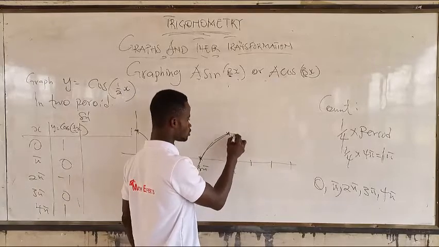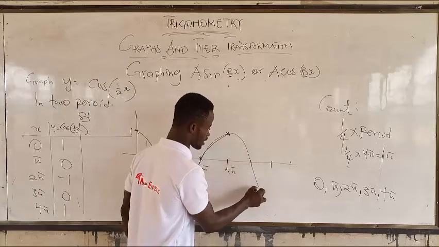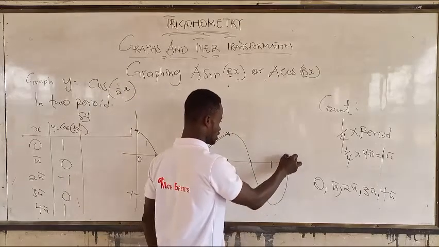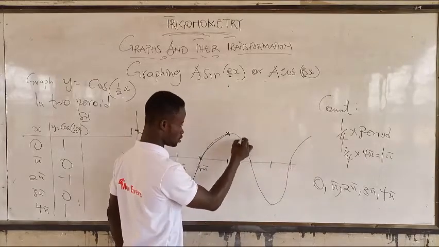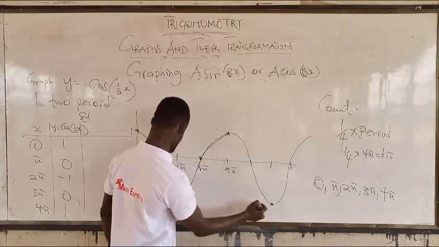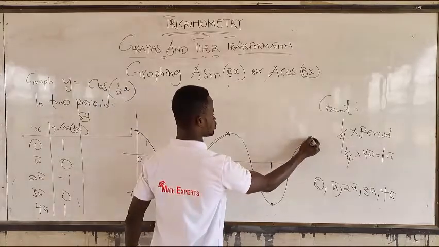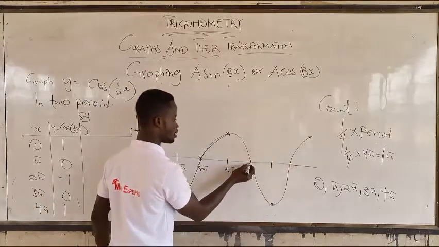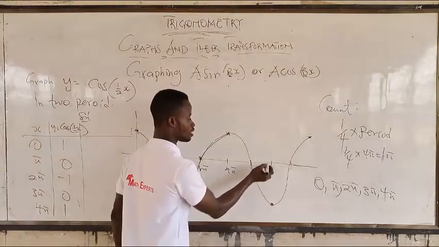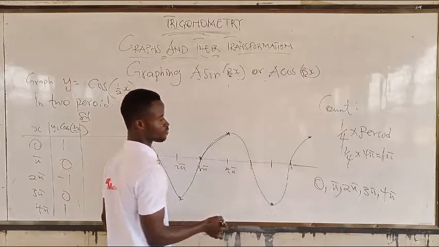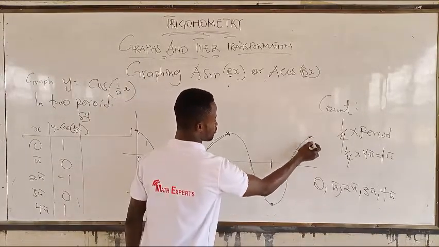So next will be this, you can get that, and that will be this. So definitely, there is going to be -1 like that. Here is going to be 1. Okay, very good.